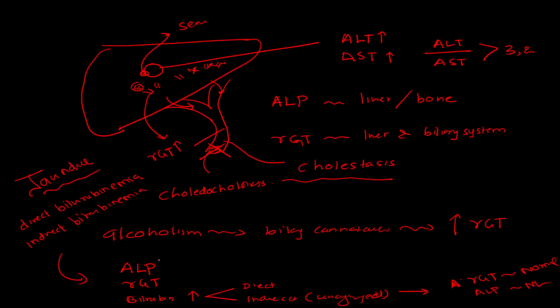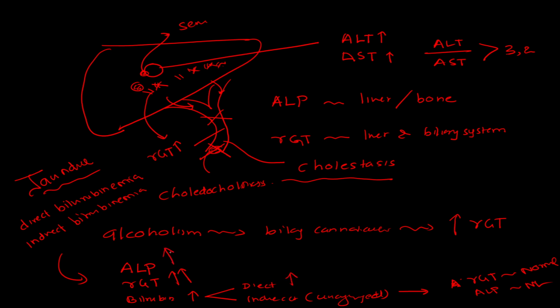But in an obstruction, it could either be in the canaliculi, or it could be in the extrahepatic biliary ducts. What would happen is that gamma GT would be elevated along with direct bilirubin levels.